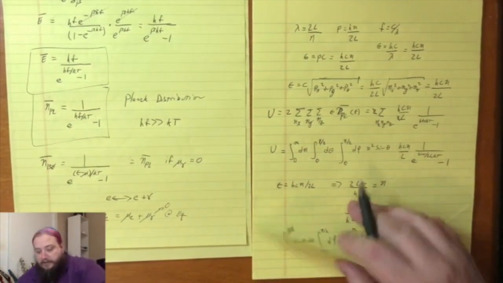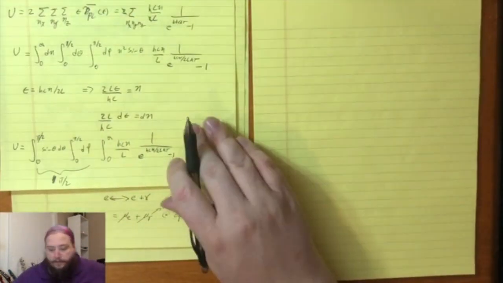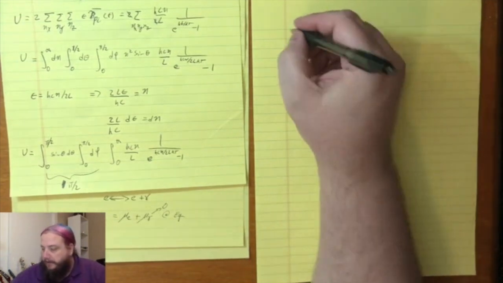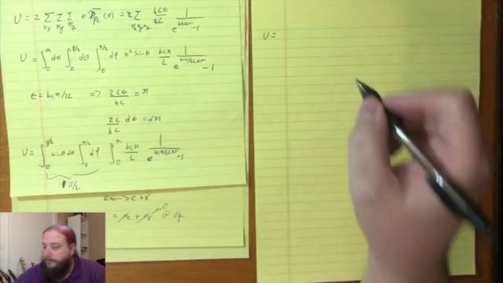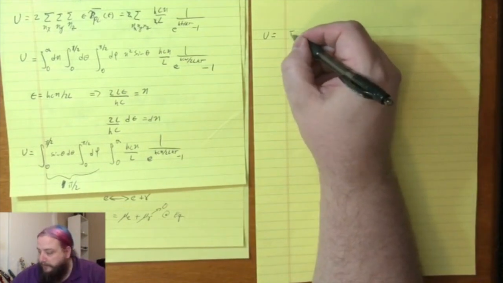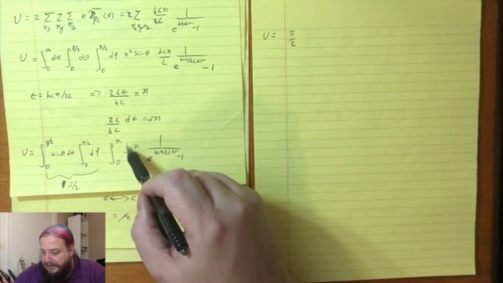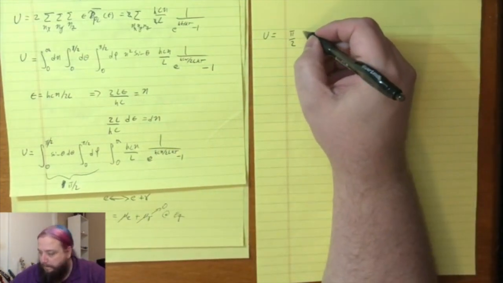So this is just getting rid of that angular integral. And now we can accomplish this change of variables. So our energy is the pi over 2 from those angular integrals, and we can go ahead and pull out the hc over L. Pull that out front.